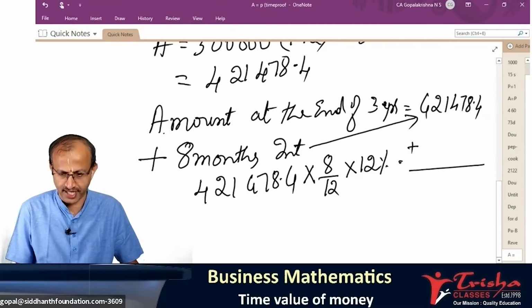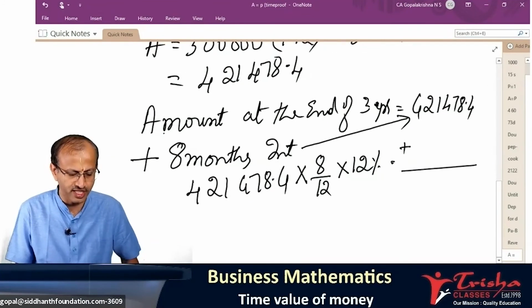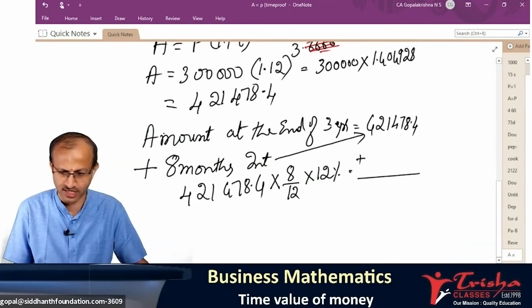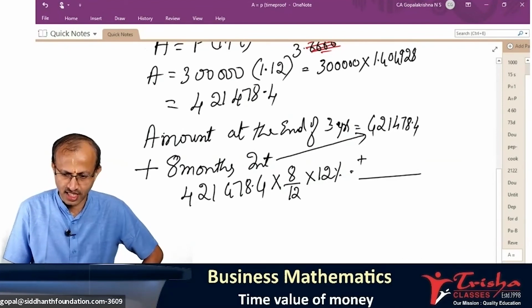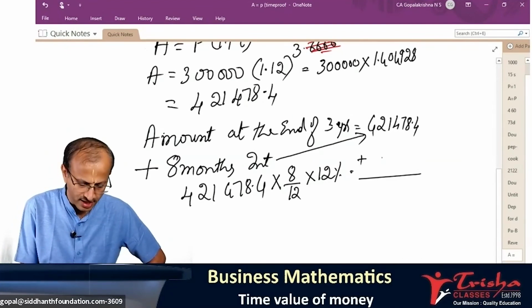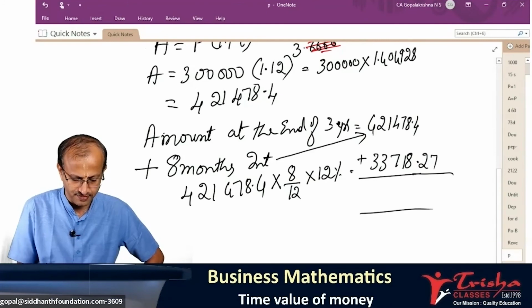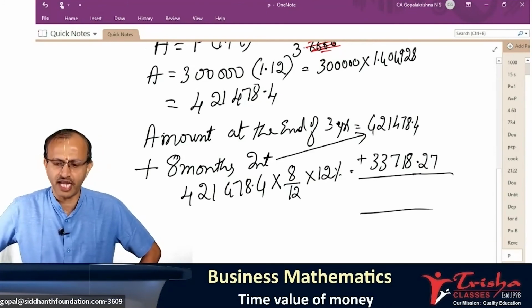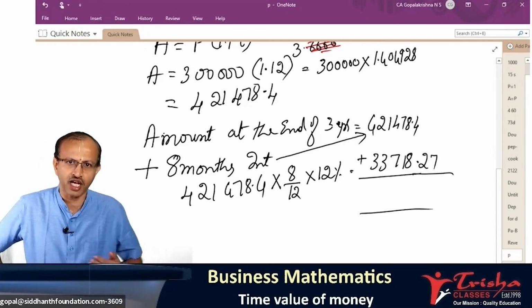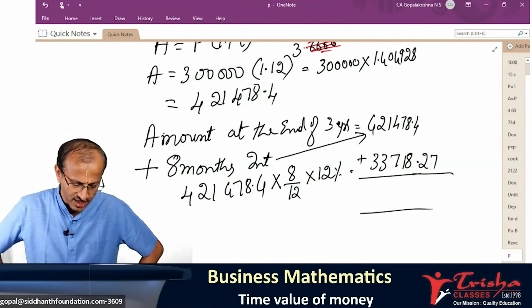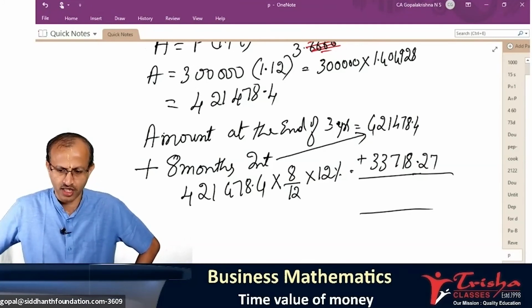Aditya Prabhu has posed an interesting question to me, I will answer it. Is it 33,780? Yeah, 33,718.27. All of you add the 8 months' interest and let me know the net answer.